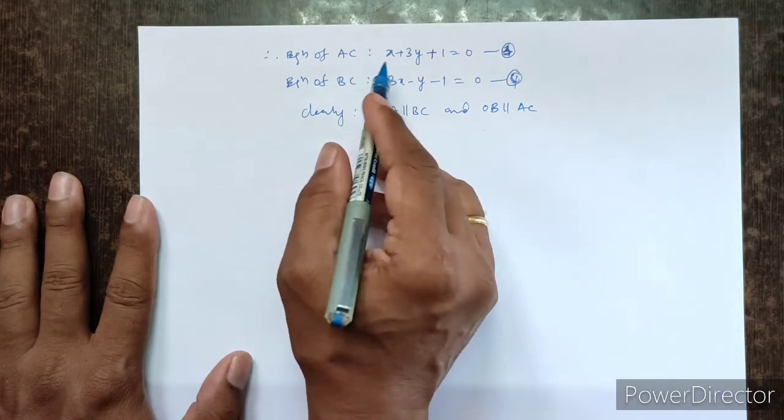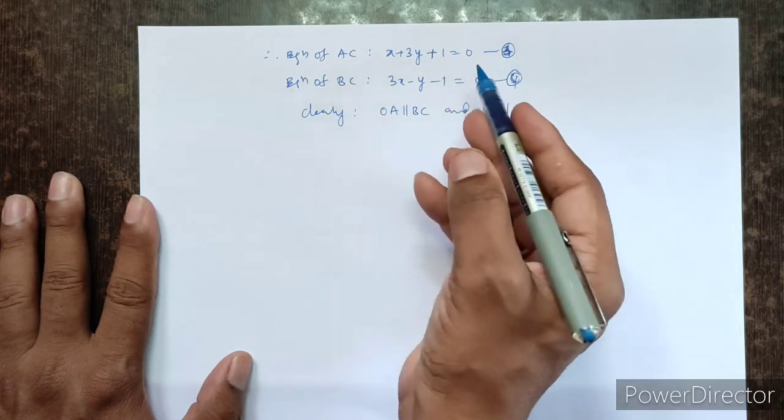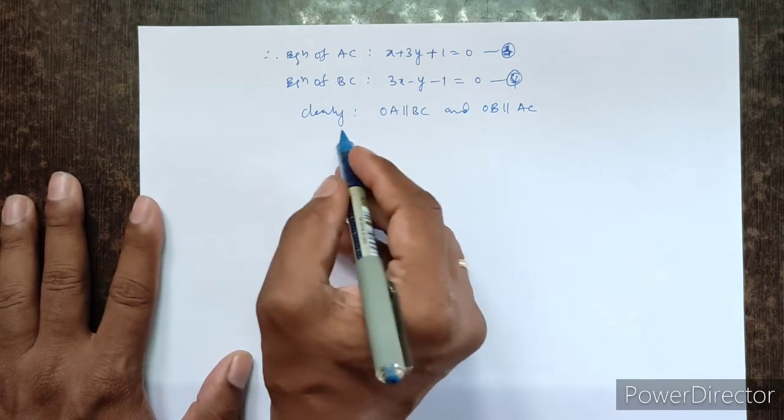Parallel means the same coefficient of x and coefficient of y, only the constant will change.